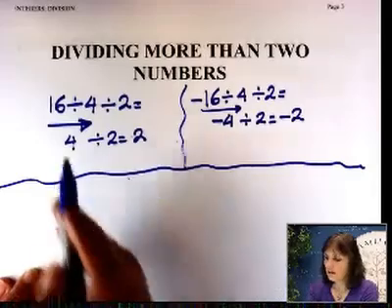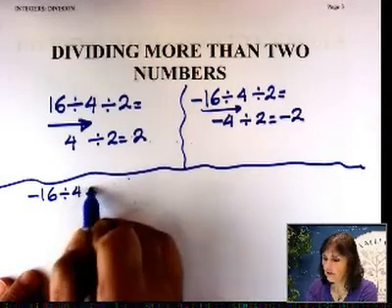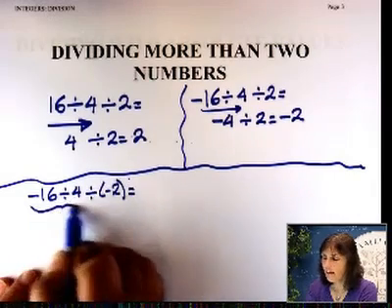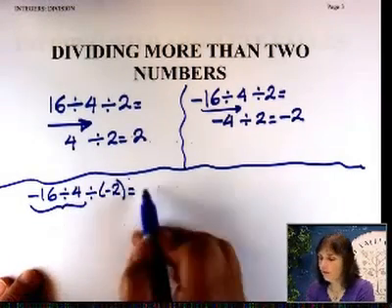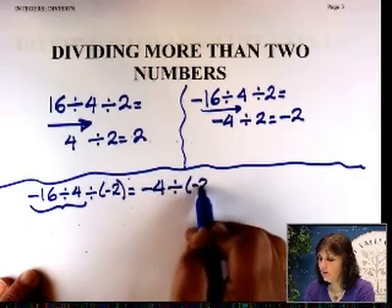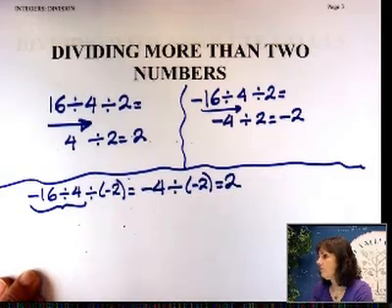How about negative 16 divided by 4 divided by negative 2? Left to right. Negative 16 divided by 4, that's negative 4, divided by negative 2. Double negative, that gives you positive 2.